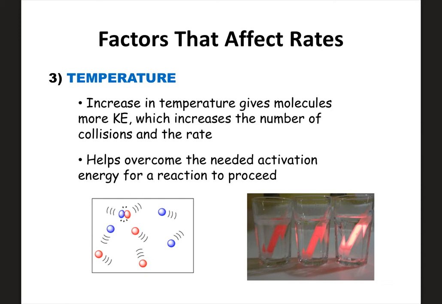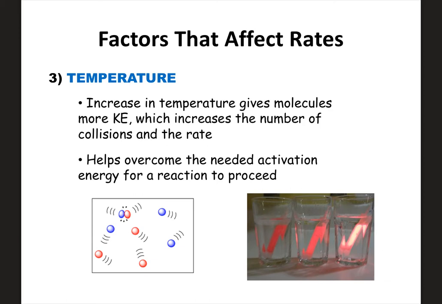So there's a couple things taking place here. If you have that greater temperature, these molecules are going to be moving around much more, having a greater chance to collide. But not only will they have a greater chance to collide, they will also collide with more energy, and be able to overcome the activation energy needed to react.